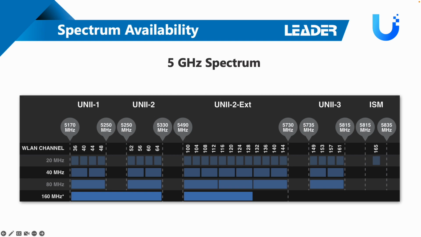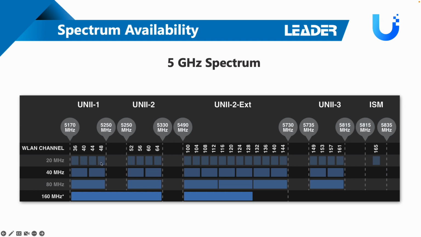So let's take a look at the 5 gigahertz spectrum availability. So the 5 gigahertz frequency range is broader, and generally speaking, more channels are better. It means we can have more non-overlapping access points. So in the 5 gigahertz space, we can actually have up to 25 20 megahertz channels that do not overlap. Or, of course, we can do larger channels as well. This is a pretty good way to represent it.